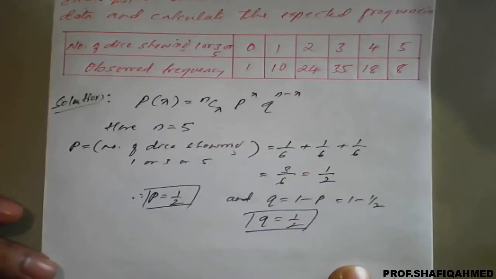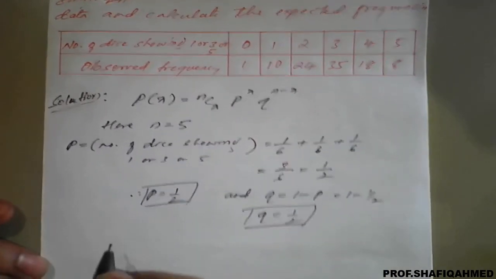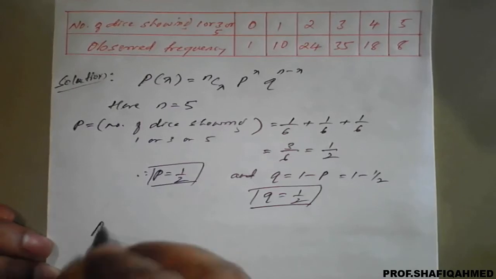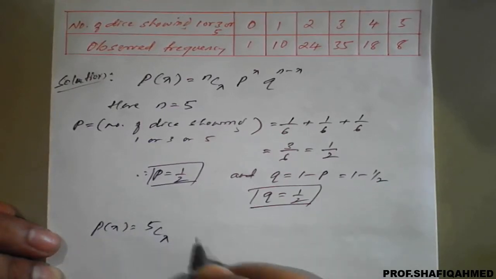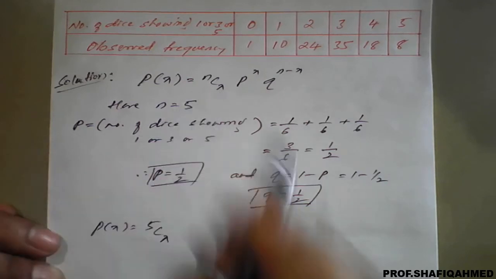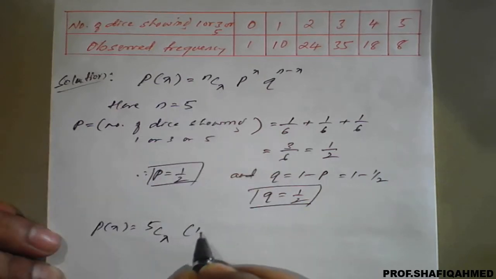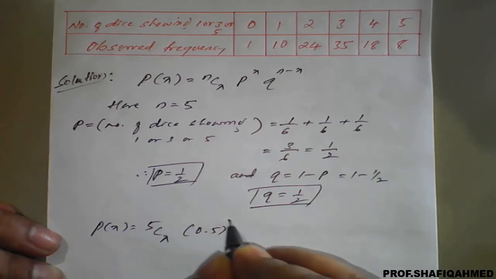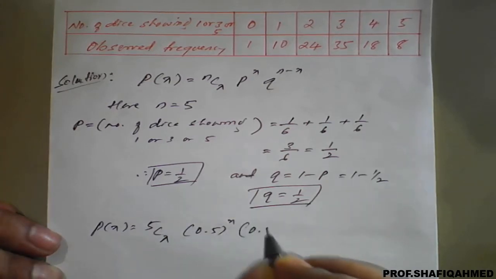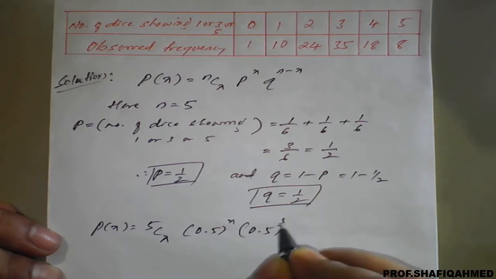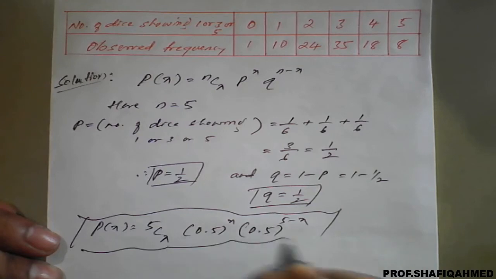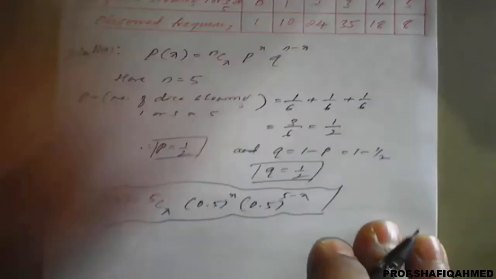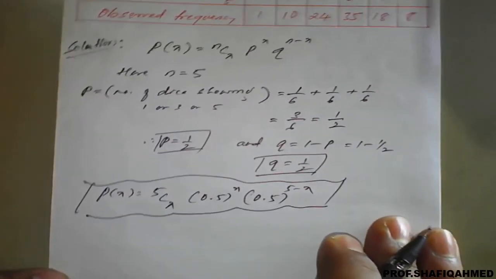So our p of x will become 5Cx, because n value is 5, p is 0.5 because 1 by 2 is 0.5, raised to x, and q value is also 0.5 raised to 5 minus x. We'll keep this formula and go further.